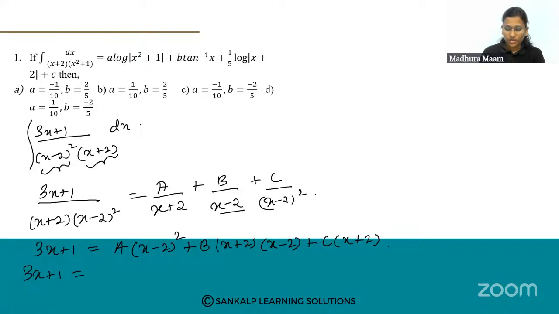I can write this in the form (a minus b) whole square, which is a square plus b square minus 2ab, which is 4 minus 2ab. Correct? Or this you can write as, one second, just one second.